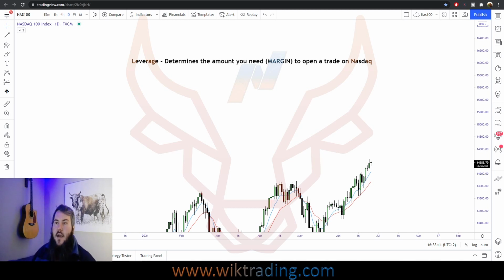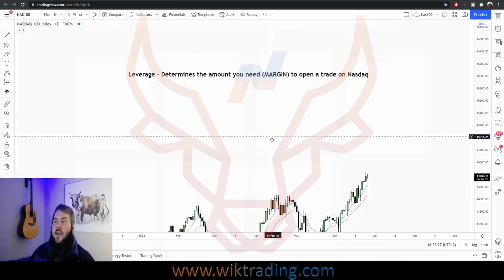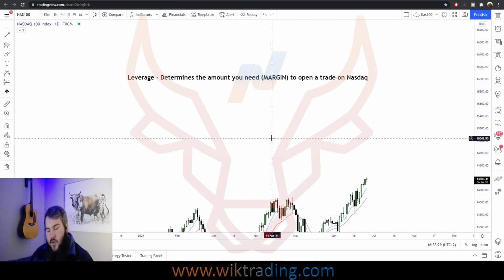For instance, I use Trade 245 as a broker and I'm affiliated with them, just to state that. They offer me a leverage of 1 to 500. In other words, when I open a trade on Nasdaq, I at least need $29 in my account to open a 0.01 lot. But that is also determined on the type of account lots that you open.